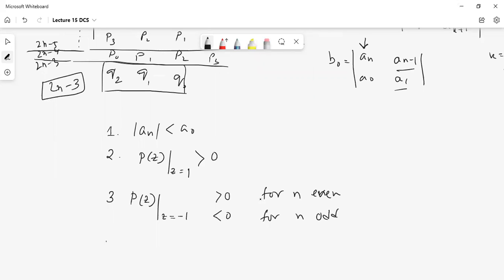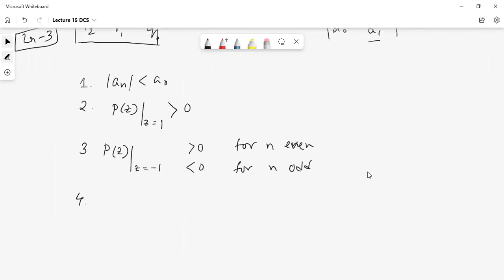Okay, and the fourth condition you have to follow. First of all, from the characteristic equation, the magnitude of an has to be lesser than a0. Then Pz, where z tends to 1, has to be greater than 0. These two are straightforward. The third one is conditional based on the value of n, whether even or odd.